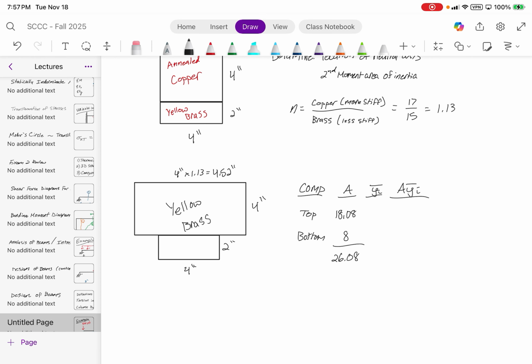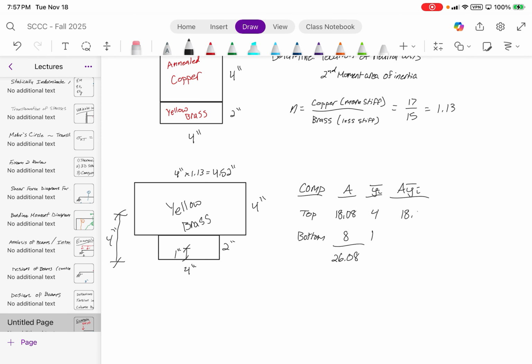Y bar of the yellow brass is just going to be 2 plus 4 is 6 divided by 2 is 3. Nope, I'm losing my mind. It's 4. 2 plus 4 over 2 is 4. Sorry. First mistake of the semester. And then the height here is 1 inch.